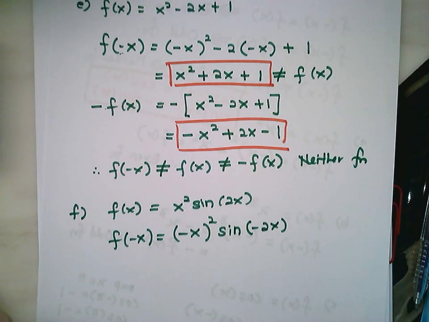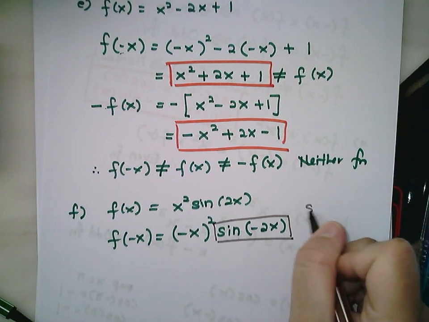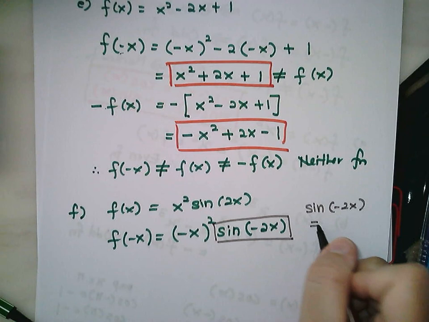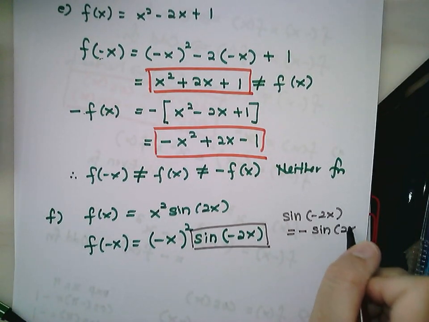So remember, in my previous example I told you if you have sine of negative x, then you need to replace it by negative of sine x. So here you have sine of negative 2x, so this one is equal to negative sine 2x.